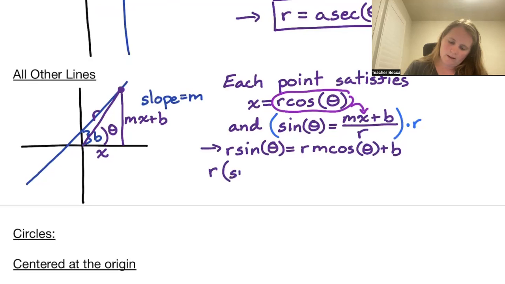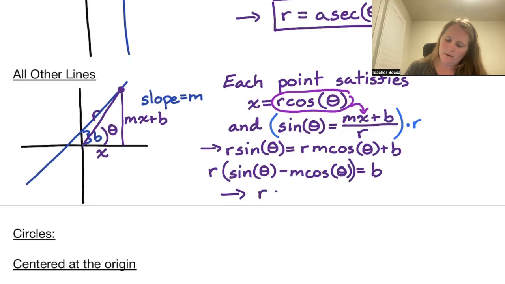If we rearrange this, we would have r times sine of theta minus m cosine theta is equal to b. And that therefore gives us that r is equal to b over... Let me give myself a little more room, one moment.